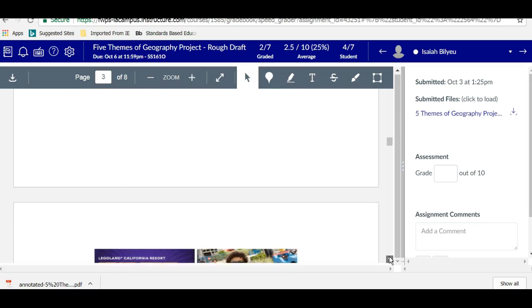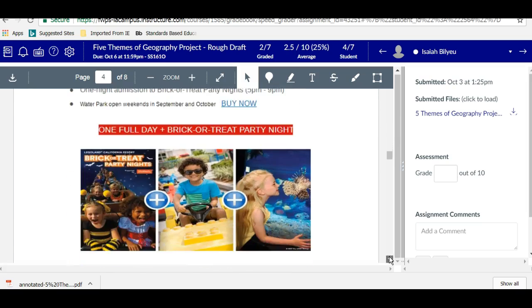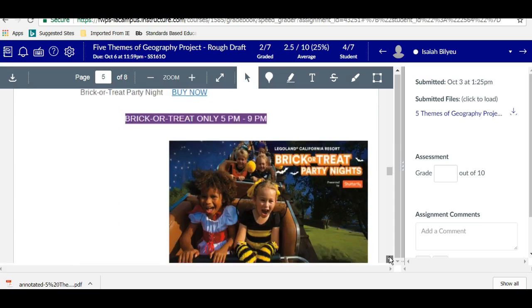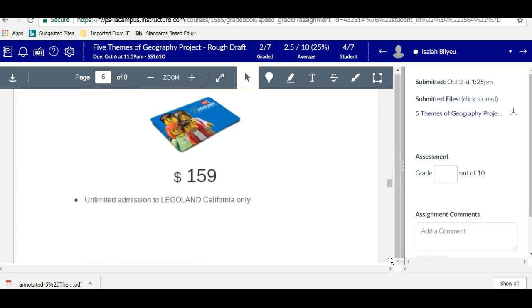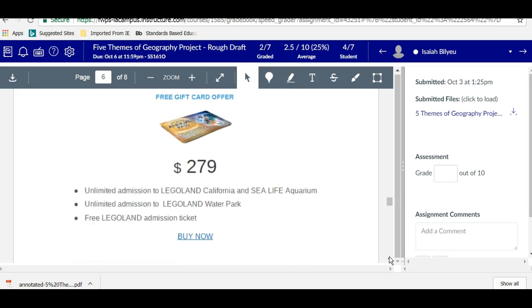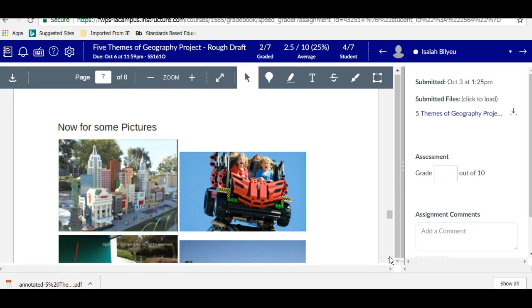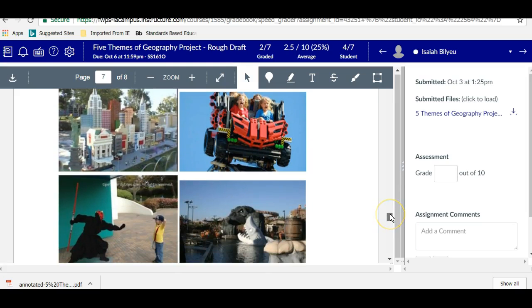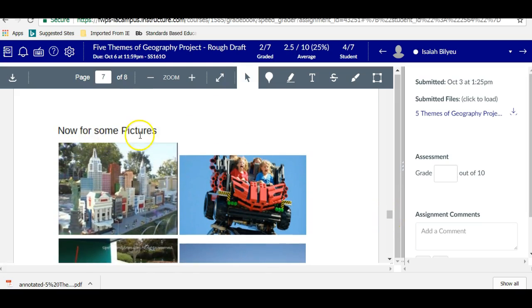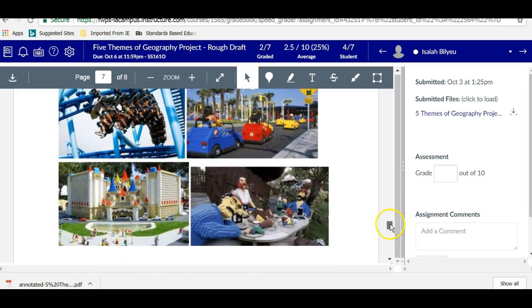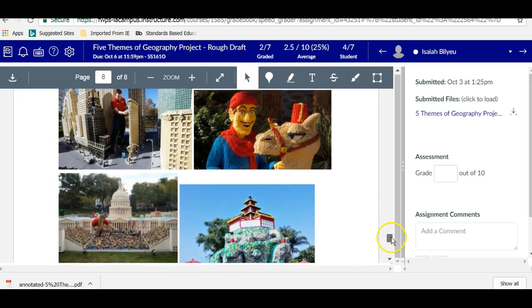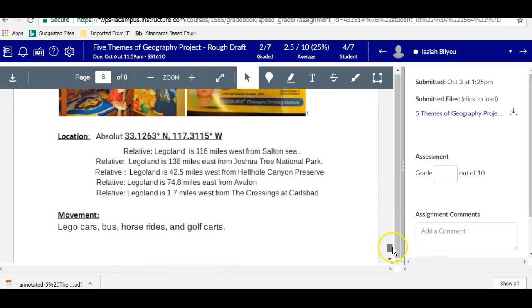And now I'm on page 4 of that stuff, page 5, page 6, and here we go. Page 7 is finally getting into some pictures. Okay, that's good. And then page 8, we've got some more pictures.